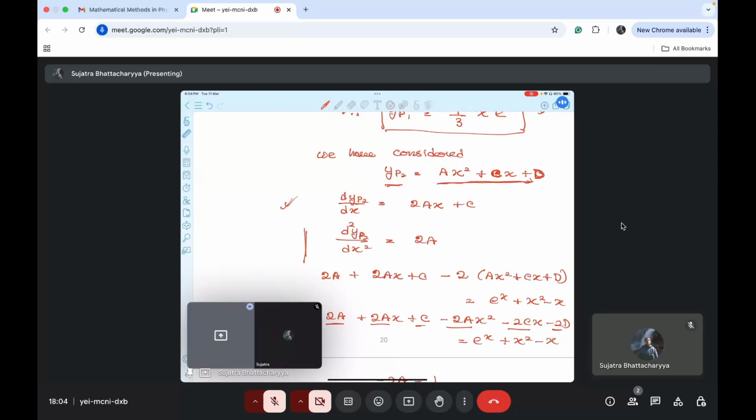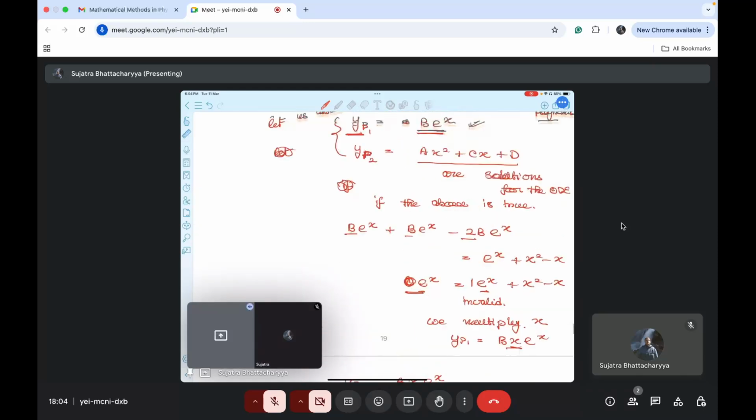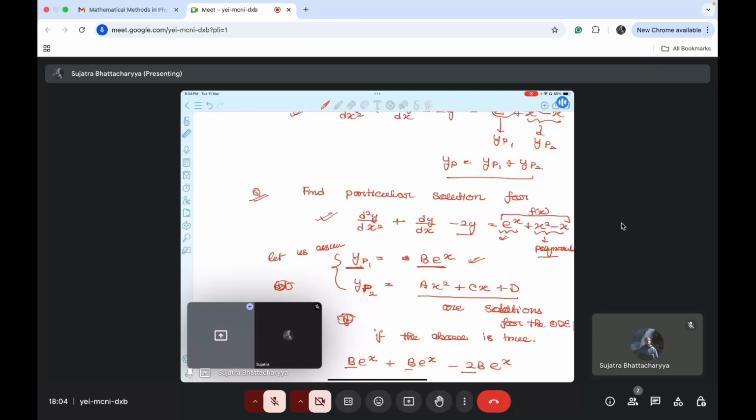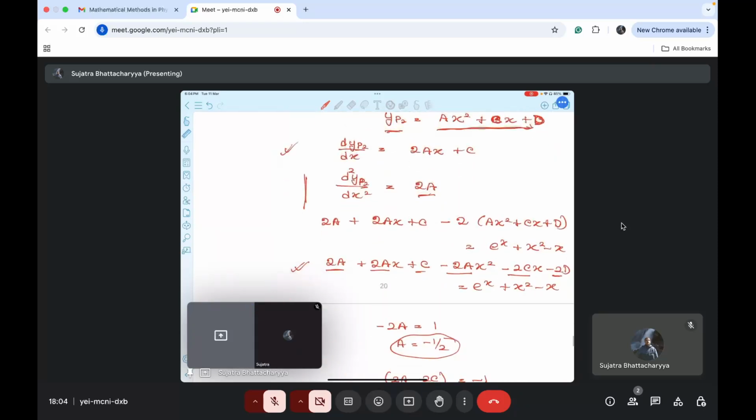And if you differentiate it once with respect to x, it gives you this. The second time, it gives you 2a. And you put it into the main equation, because that is also the solution. So this is the main equation, d2y by dx2 plus dy by dx minus 2y. And when you have put it, you will get something like this.